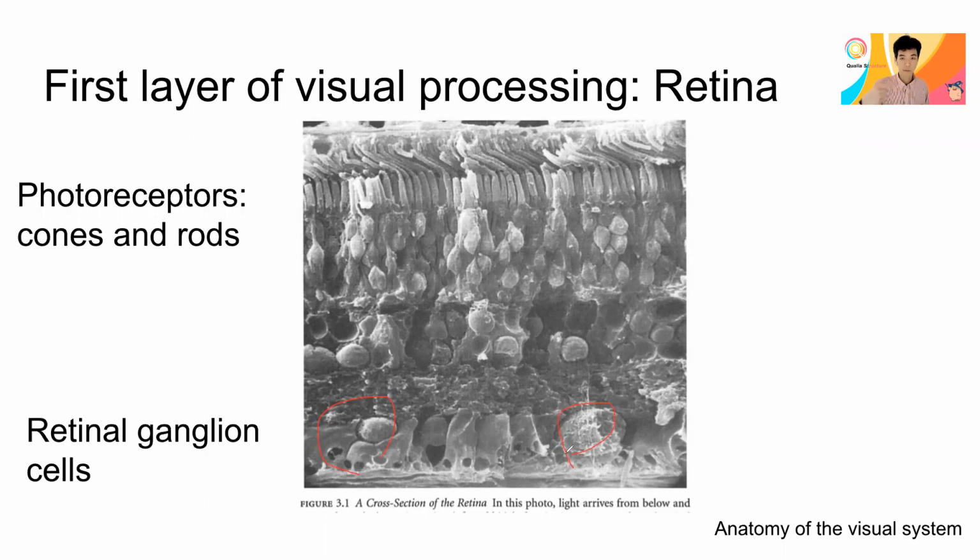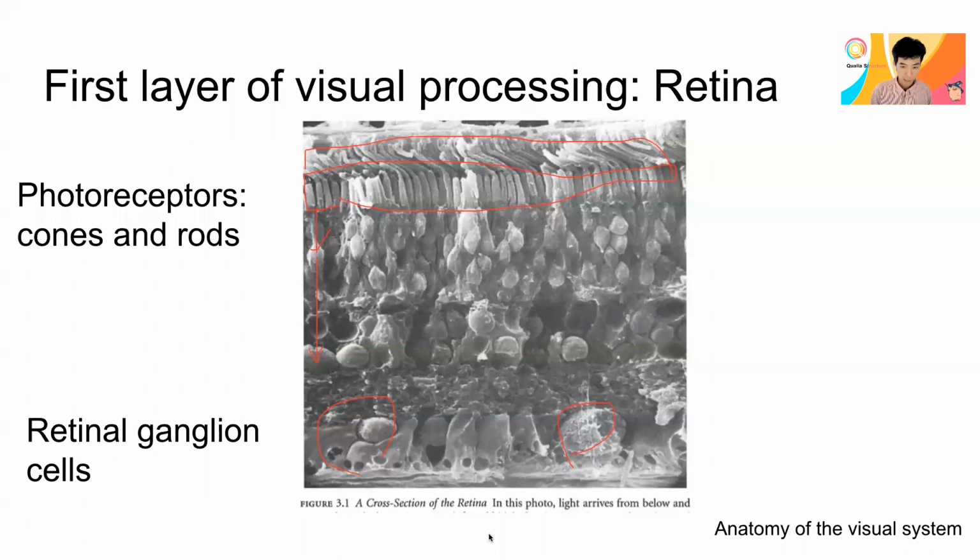These are the ones that are sending the output. And then these are the photoreceptor component. So this catches the photons, and then the signals are processed this way and sent to the retinal ganglion cells.